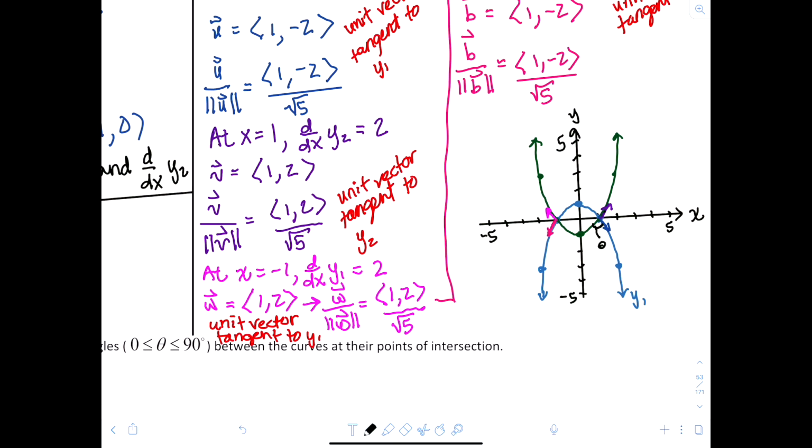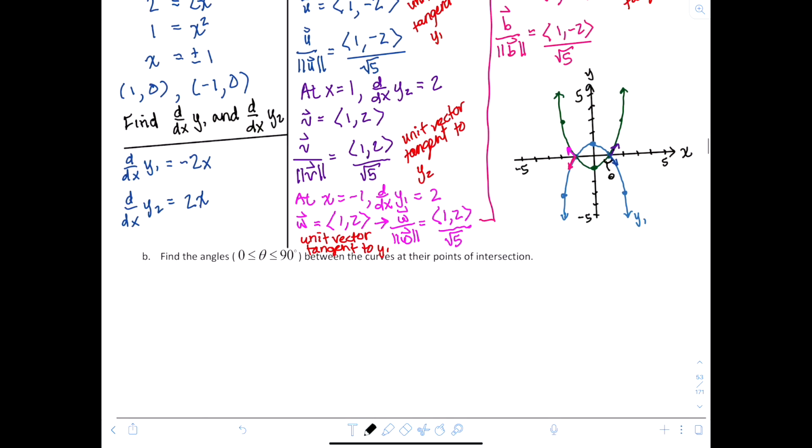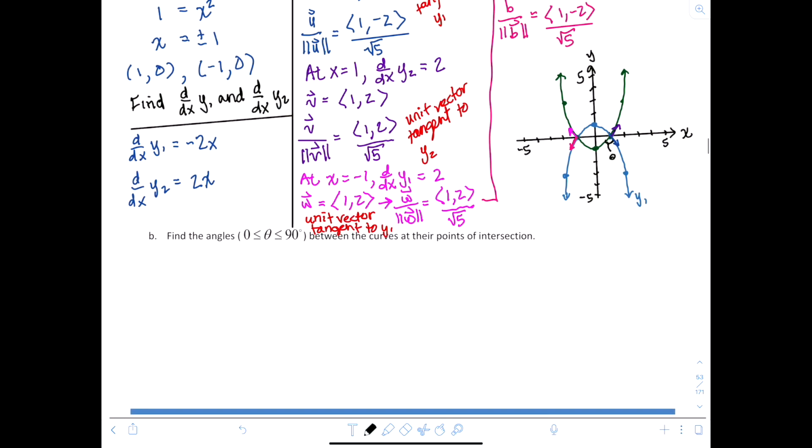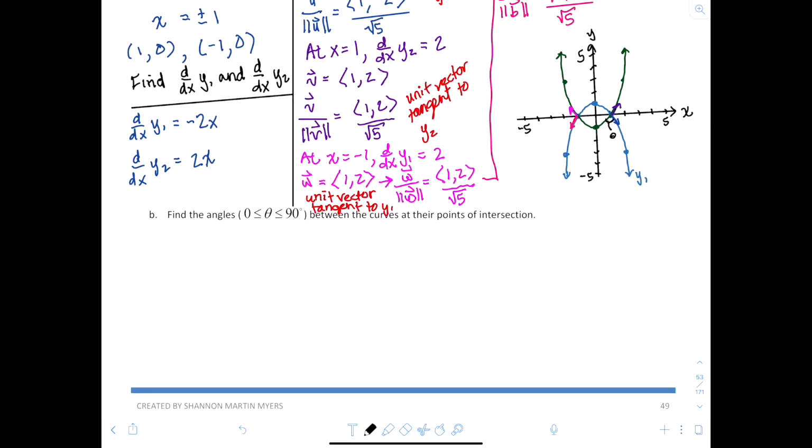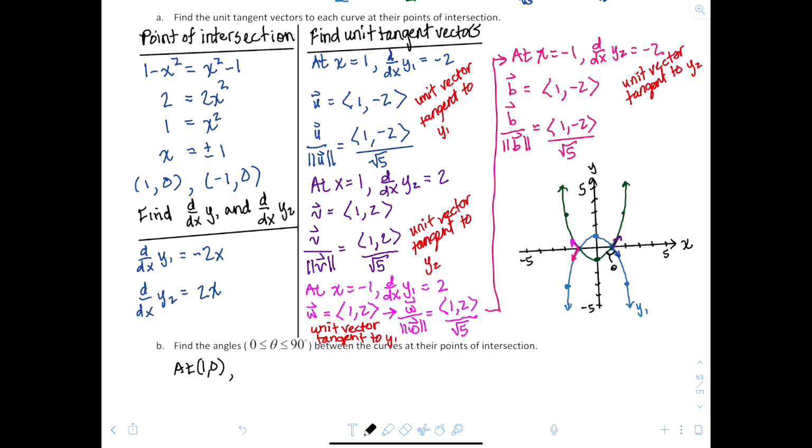Okay, so let's check it out. So find these angles between the curves at their points of intersection. So when we work on this one at 1, 0, in general, we'll have cosine theta at this point equal to, let's see which two vectors.